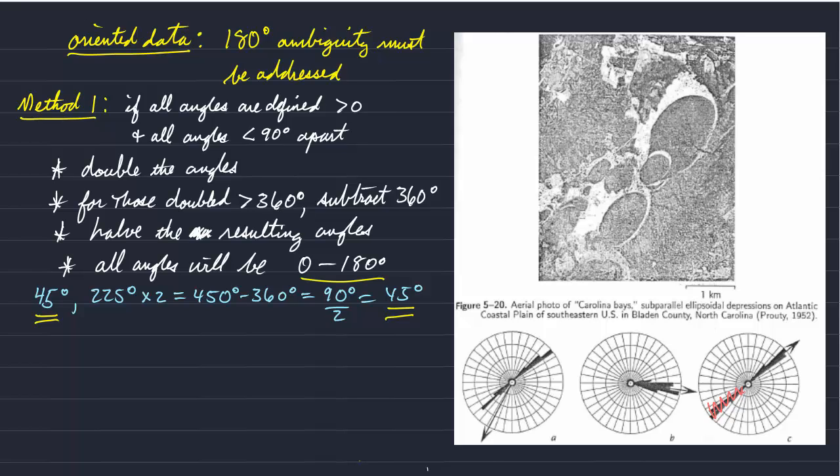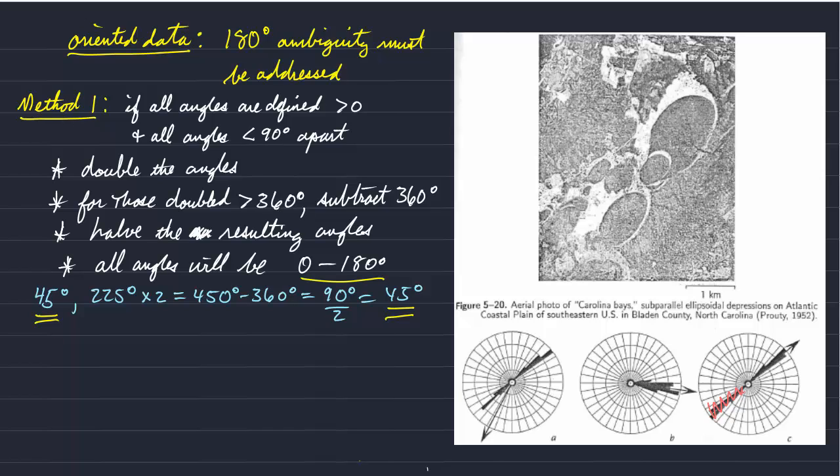Now that works again. So the two requirements are all the angles are greater than 0 as originally defined, and all the angles are less than 90 degrees apart. But that doesn't work if those situations are not true.